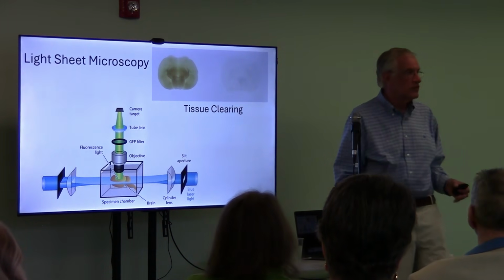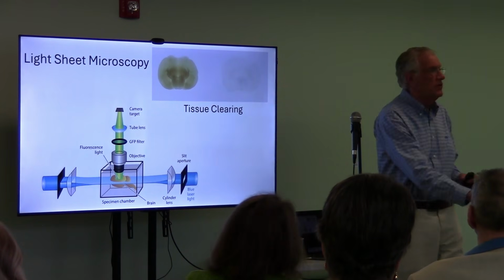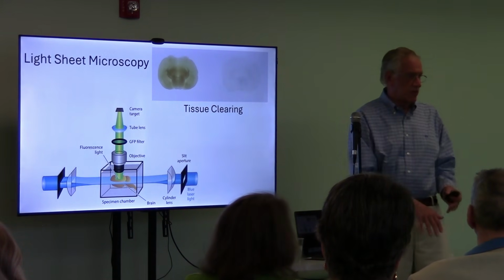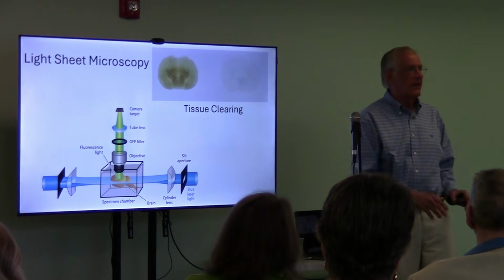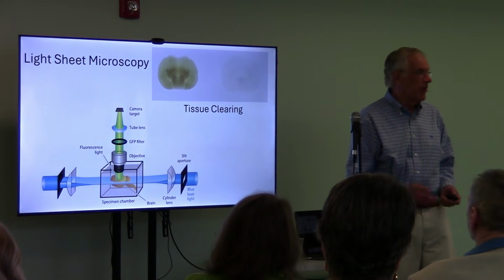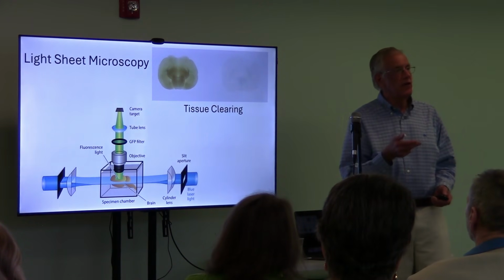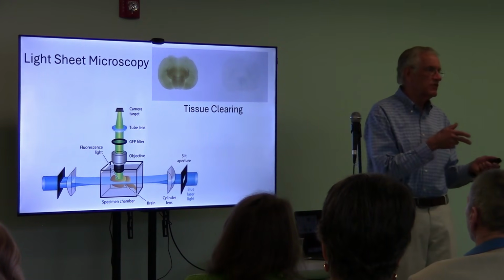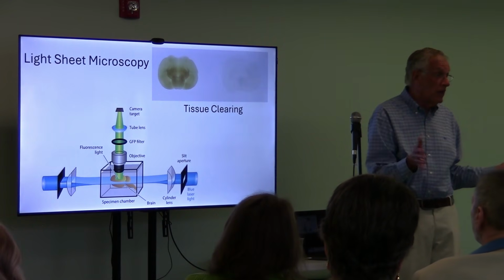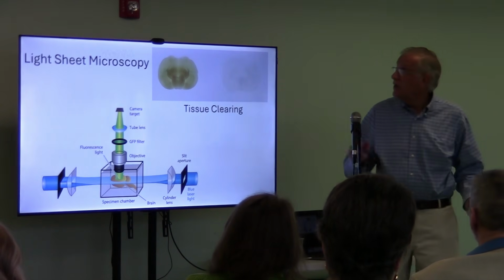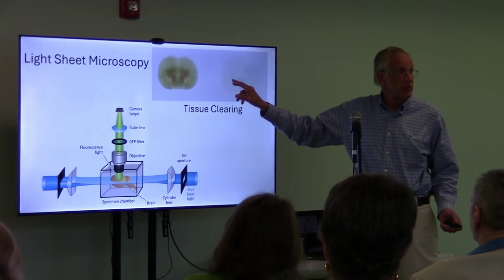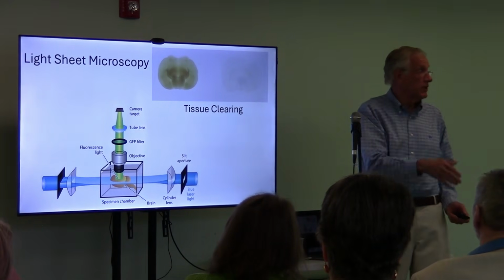You stick your leg in a swimming pool and you see the altered perception of your leg, that's index of refraction. If you can make the index of refraction between the extra and intracellular space go away, light no longer scatters, and the brain becomes absolutely transparent. You can see right through it.